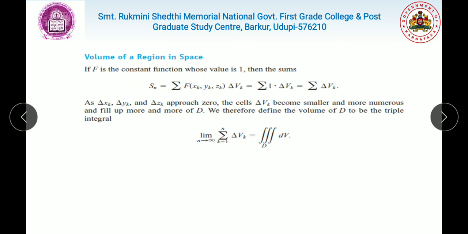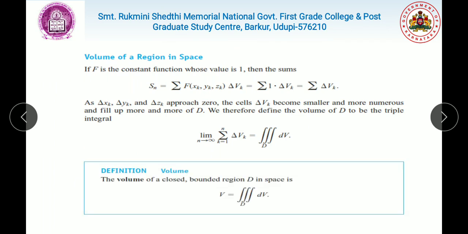As delta xk, delta yk and delta zk approach 0, the cells delta vk become smaller and more numerous and fill up more and more of D. We therefore define the volume of D to be the triple integral, that is, the limit as n tends to infinity of the sum of the elementary volumes, equal to the triple integral of the function 1 over the domain D. So you have the definition: the volume of a closed bounded region D in space is given by V equal to the triple integral of 1 over D.